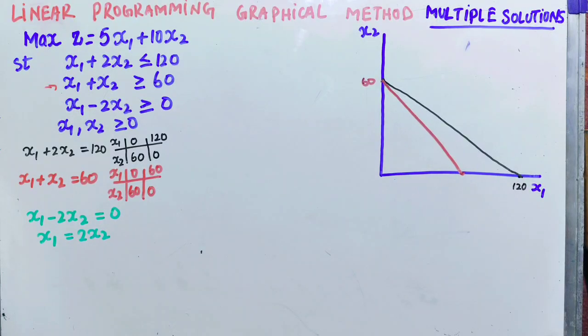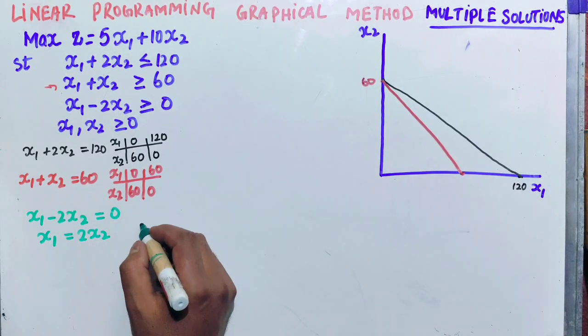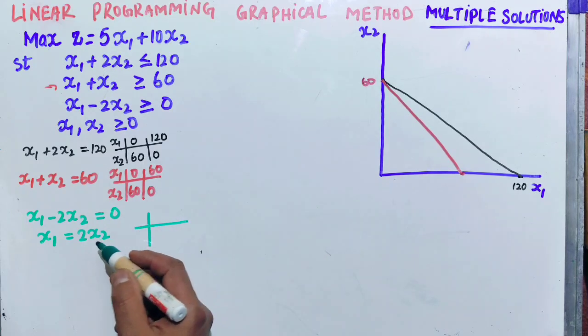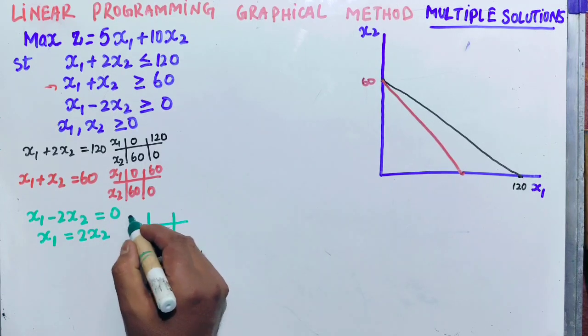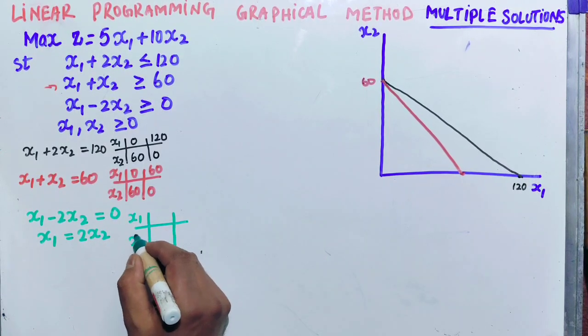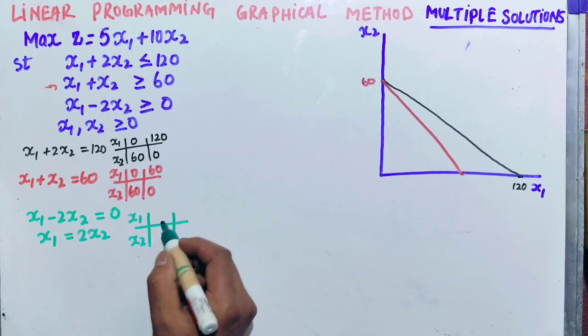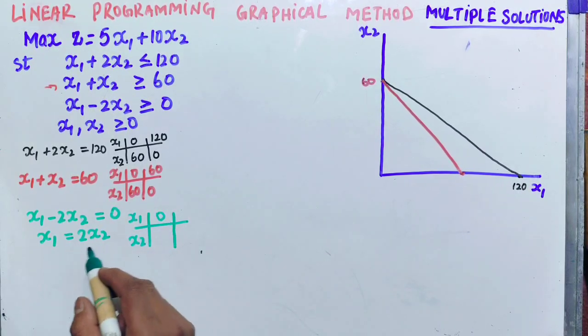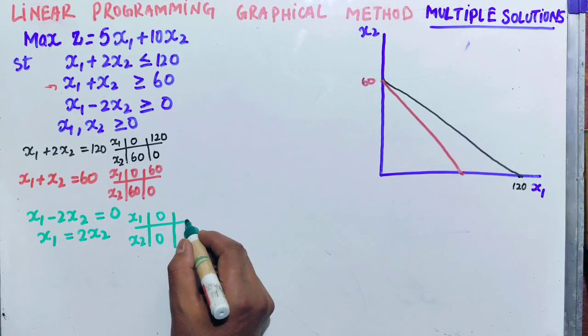Okay, so what are the points here for x1 and x2? Let us see. So let us take x1 and x2. So when x1 is equal to 0, x2 will be equal to 0.